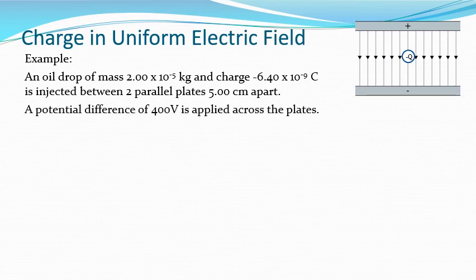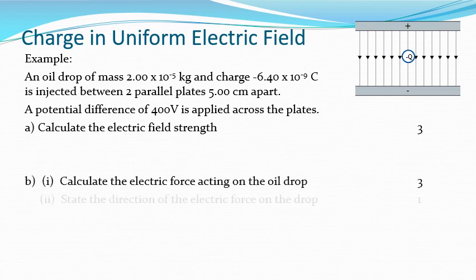So a potential difference is applied across the plates to produce the uniform electric field, and we're asked to work out the electric field strength. So the electric field strength, as we've just seen, can be worked out from the potential difference and the separation between the plates. And we're also asked to work out the electric force acting and the direction of that force.